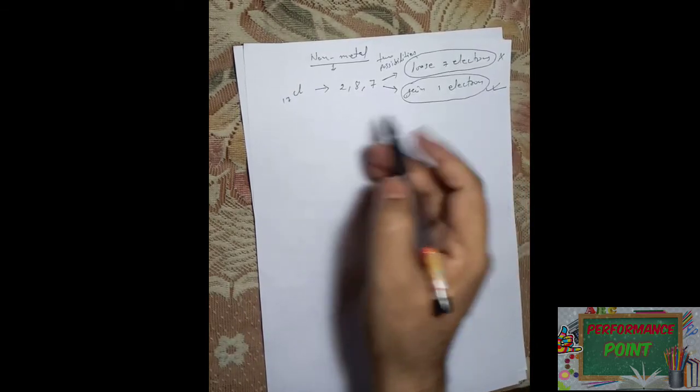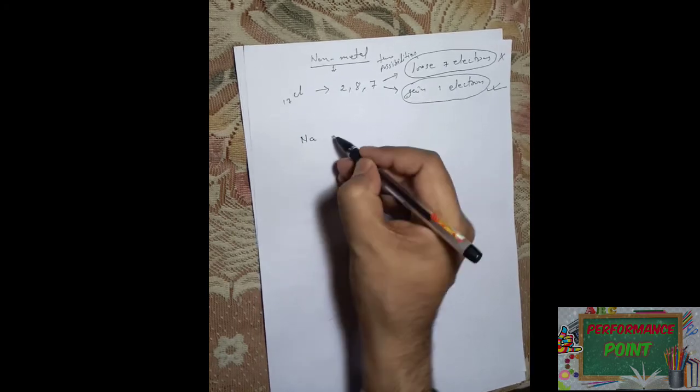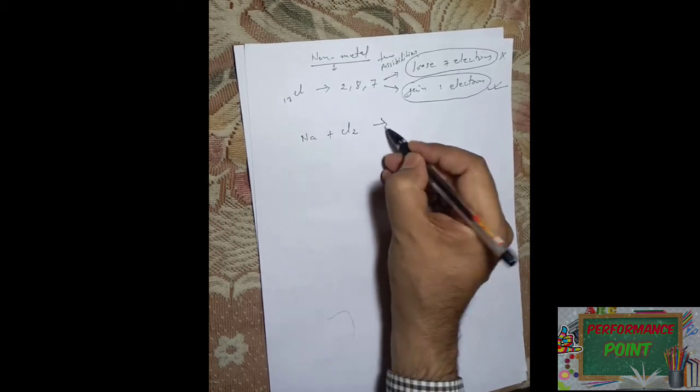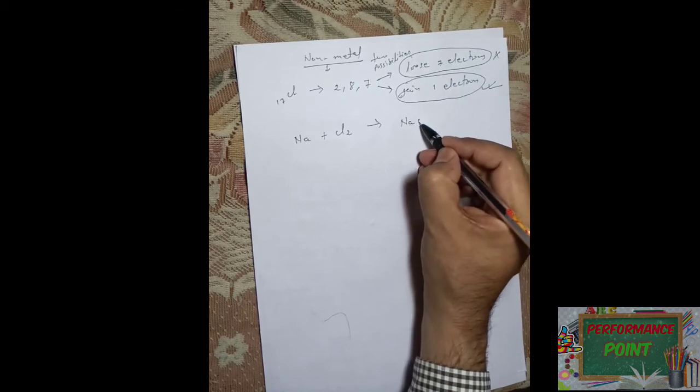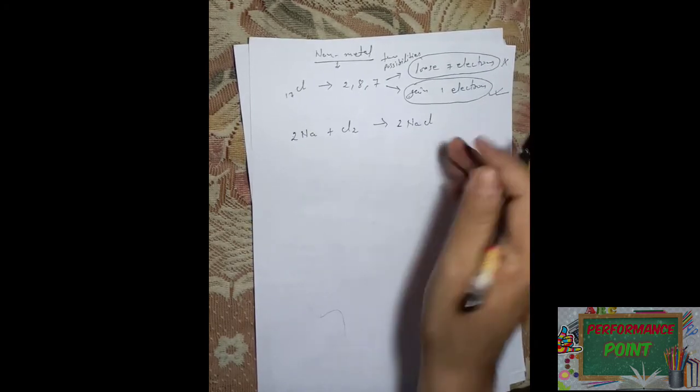So now let's take Na plus Cl2, which gives us NaCl. We balance it, and this will be the reaction.